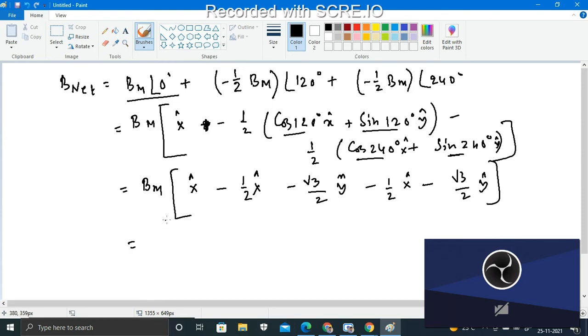So again, if I simplify these things, minus of x will be cancelled out. So it will come root 3 by 2 Bm, and this one root 3 y, so it will come minus of root 3 y mod.